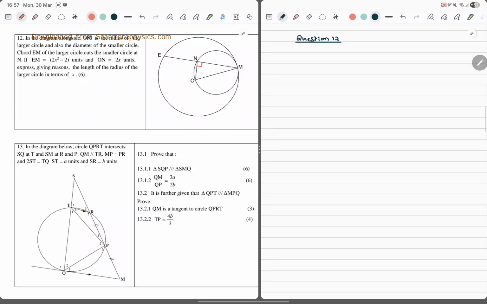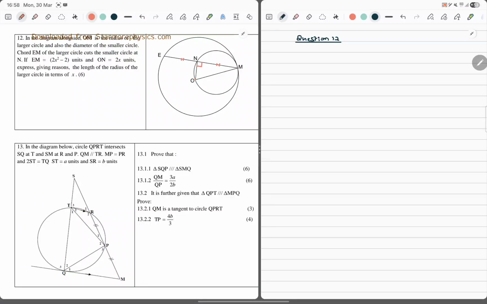Now seeing that this is the center of this larger circle, if any line from center is drawn perpendicular to the chord EM, it will bisect that chord, suggesting that EN is equal to NM.